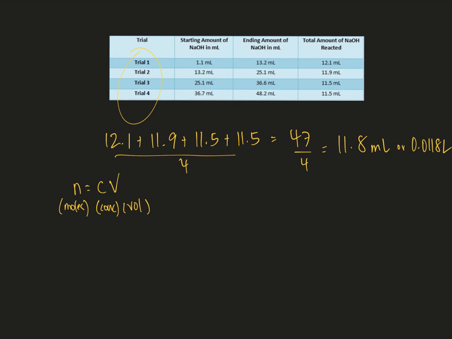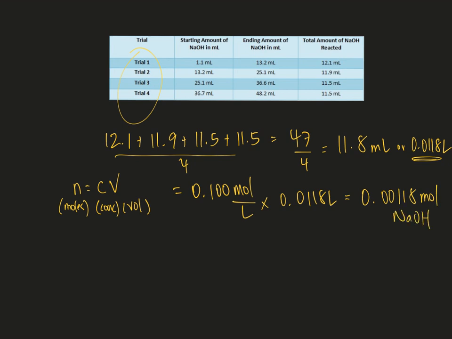The concentration of the known standard solution of sodium hydroxide was 0.100 moles per liter. And we're going to multiply that by the volume in liters, which we take as the average volume of sodium hydroxide, which is 0.0118 liters. And that will give us 0.00118 moles of sodium hydroxide.